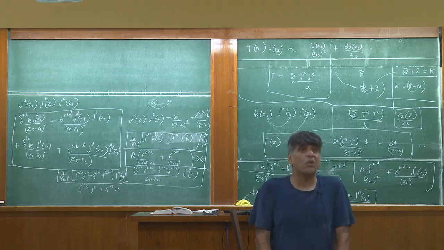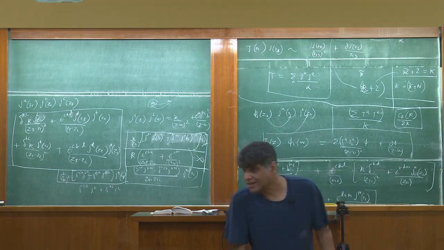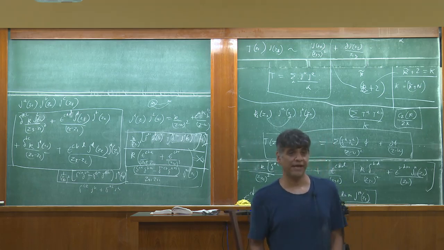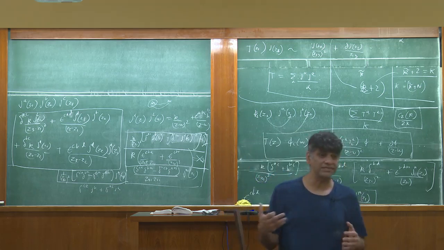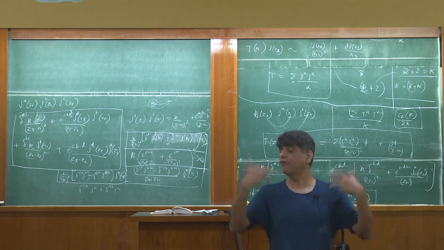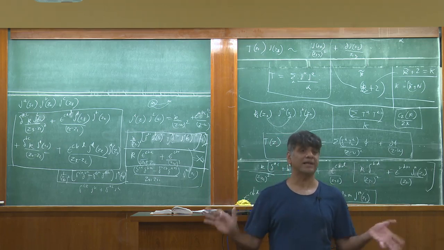Now, what does it mean? Let us remember the early part of our course. In the early part of our course, we asked ourselves what conformal transformations were. And we answered it by saying a conformal transformation is a conformal diffeomorphism followed by a compensating Weyl transformation.